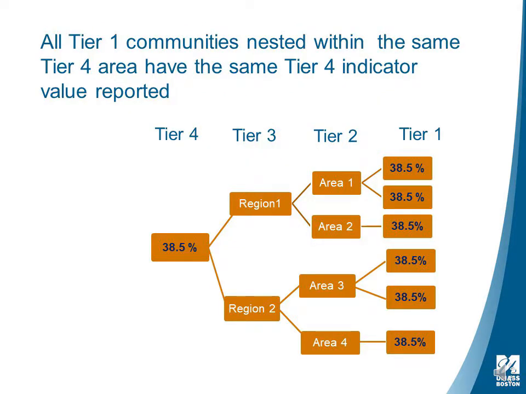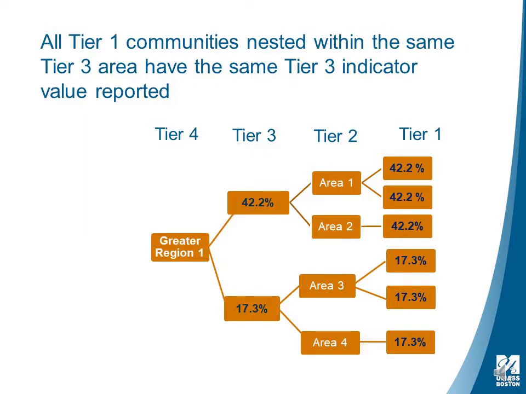In this example, all Tier 1 communities that are nested within the same Tier 4 area have the same Tier 4 indicator value reported. So in this example, Tier 4 indicator is estimated to be 38.5%. All 6 Tier 1 towns receive the same 38.5% value for that indicator.